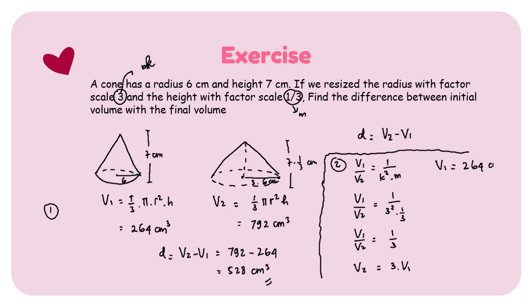It's super easy: volume 1 is equal to 264 cm³, and we got volume 2 equal to 792 cm³. Then we can find the difference by subtracting, and we get the same value, which is 528 cm³.